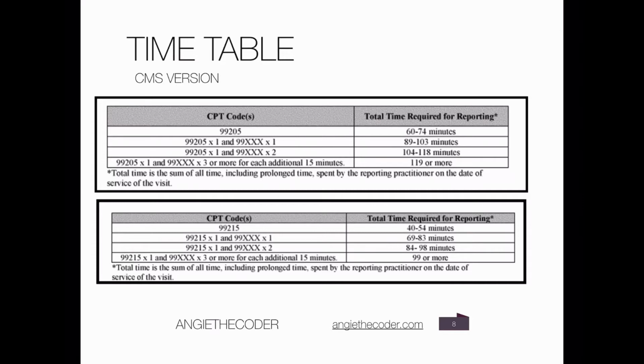So you have to meet the threshold of 89 minutes to bill 99205 plus 1 unit of 99XXX. As you can see, the AMA threshold starts at 75 minutes, whereas CMS's threshold starts at 89 minutes. I have a feeling that this is the way we're going to go. The AMA often is more physician-friendly, which absolutely makes perfect sense.